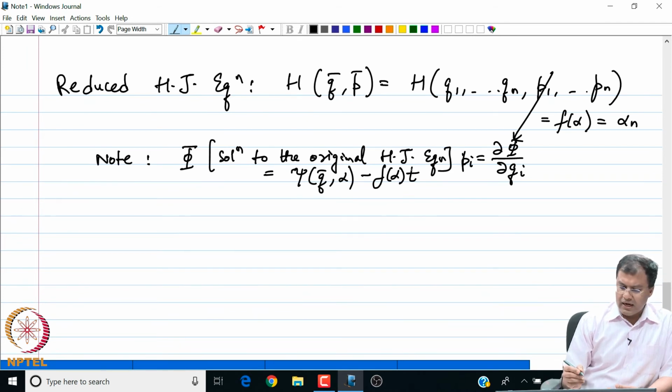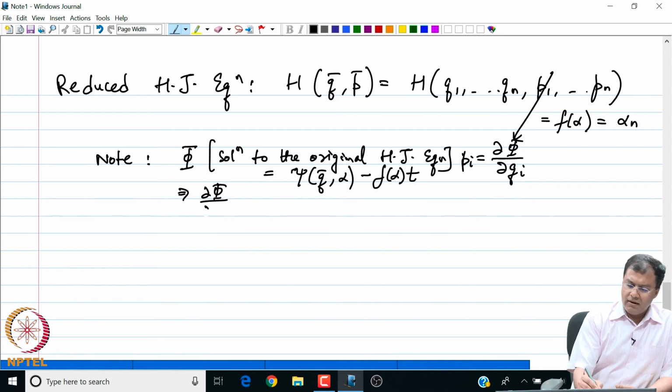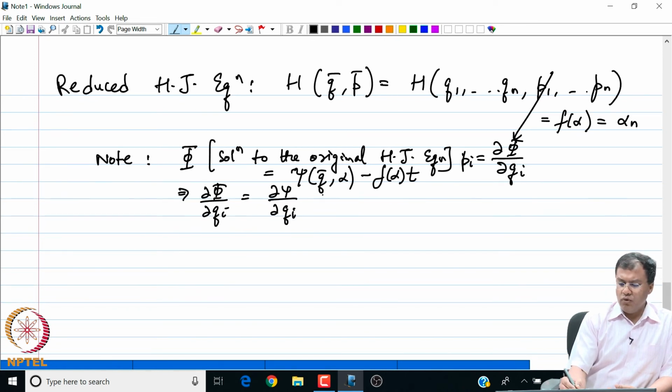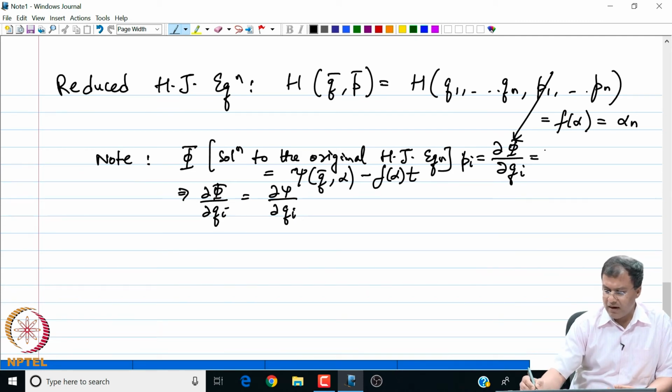Which means that del phi del qi will be del psi del qi, because the q variable only appears in this function psi. So, we have to replace pi by del psi del qi.